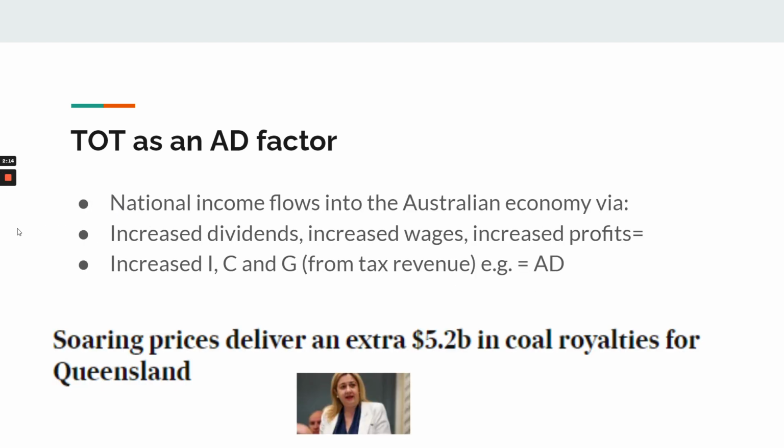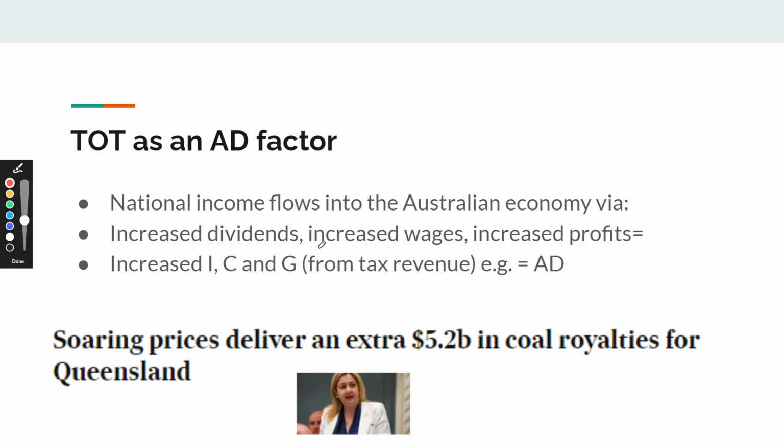But there's a few more points to make here, because when our Australian companies, some of our big mining companies, are benefited by higher commodity prices, higher export prices, what happens is Australians who own these companies through shares receive higher dividends.